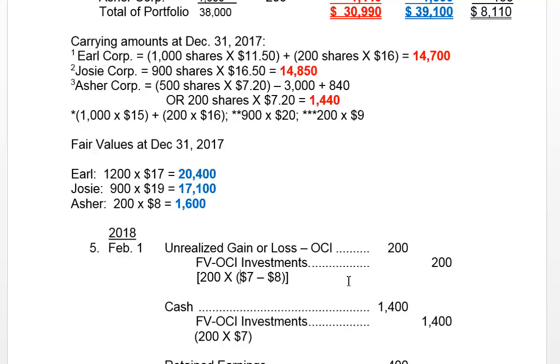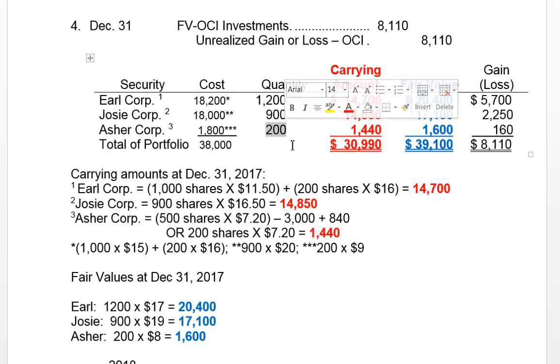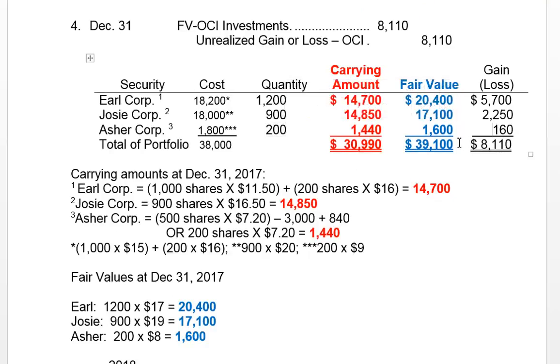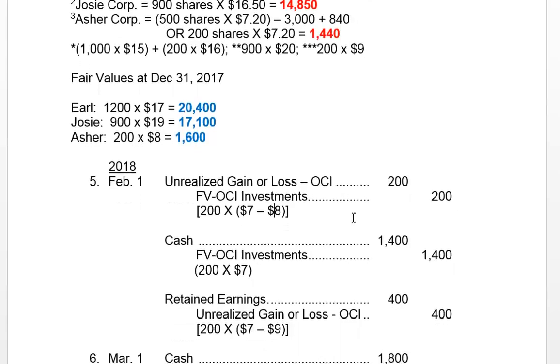We've got the $7 that we have to adjust them to, which is $1 lower than they're sitting in our books at. Don't forget, we made part of this $8,110 adjustment to set those 200 shares at $8 a share, right? Which is $1,600. We sold them for $1 less. So we now have to book to get them to their new market value, which is $7 at the date we sold them, from where we just adjusted them to at the end of 2017, which was $8 a share.